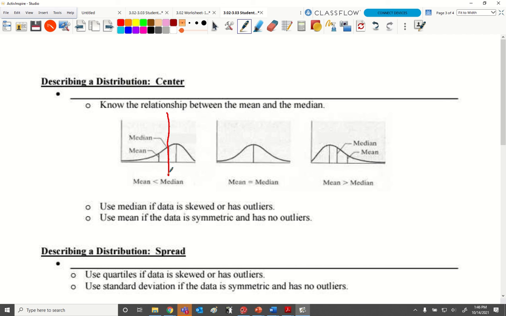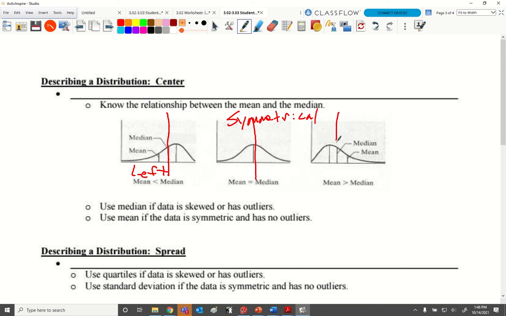So in this one right here, the mean is less than the median, so this is going to be skewed to the left. This one right here, draw that line. That one is what? Symmetrical. Very good.